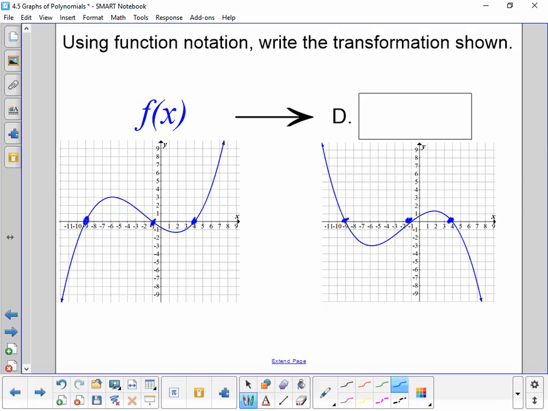And in this case, you might notice the behavior on the ends. This one was down and then up. This one's first high and it goes down low. It's just flipped over. Here it went up 3. Here it's going down 3. A little dip here and a little bump here. This is negative f of x. It's reflected.